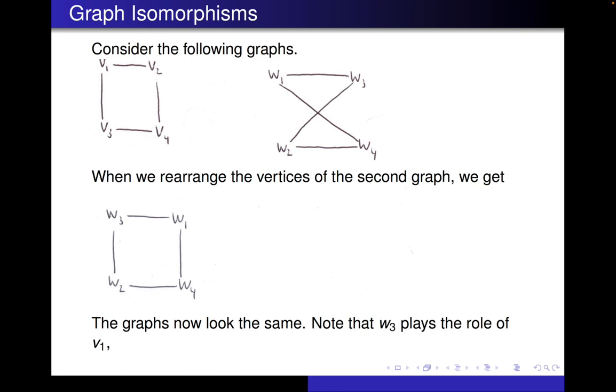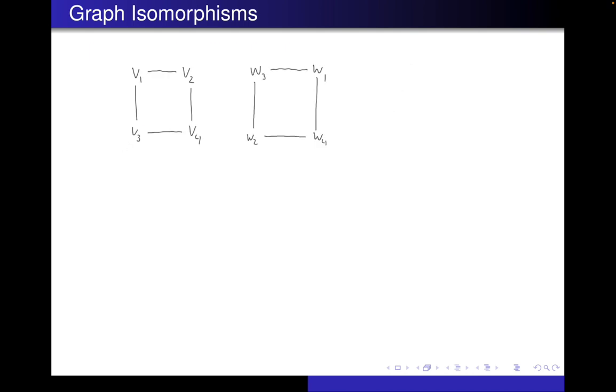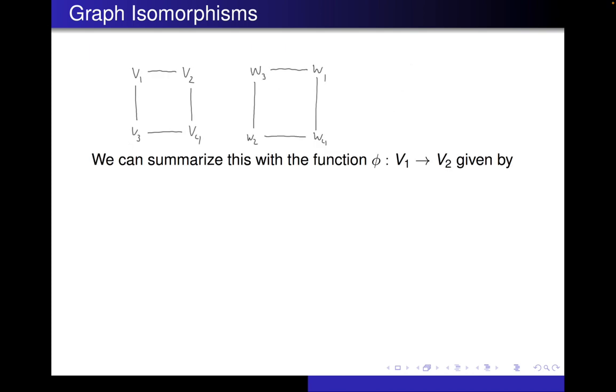Indeed, you could say that W3 plays the same role as V1. They're in the same spot in the graph. W1 plays the same role as V2. W2 plays the same role as V3, and W4 plays the same role as V4. And we can summarize this identification, who plays the same role as whom, by a function.